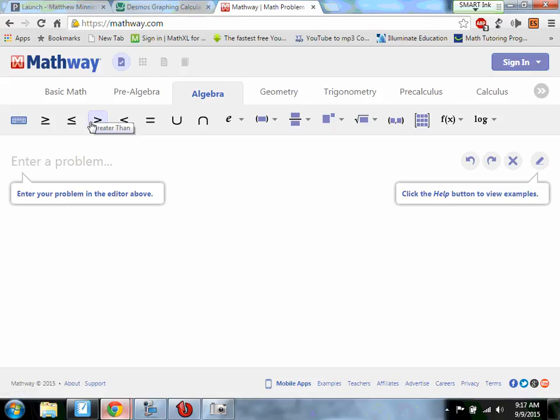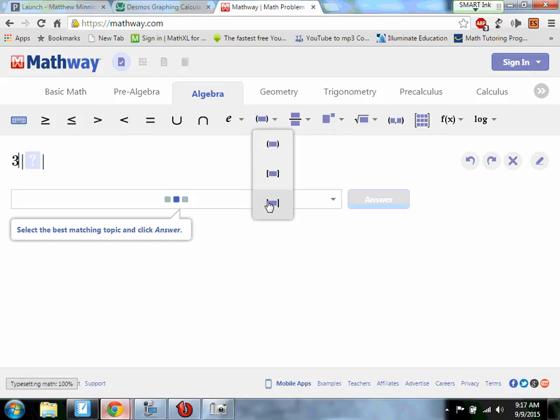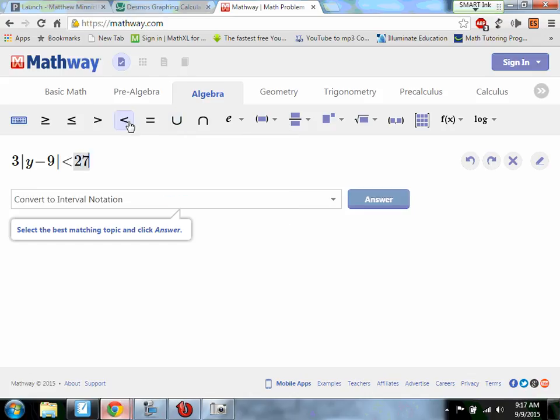Okay. So on Mathway, if I enter the problem, it's 3 times the absolute value of y minus 9, and then that is strictly less than 27. Mathway says, do you want me to convert to interval notation?